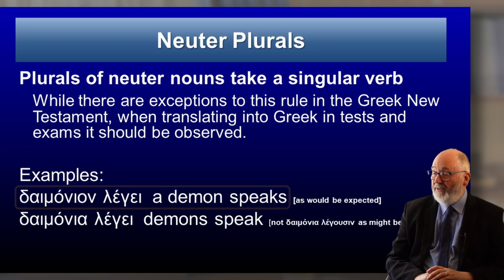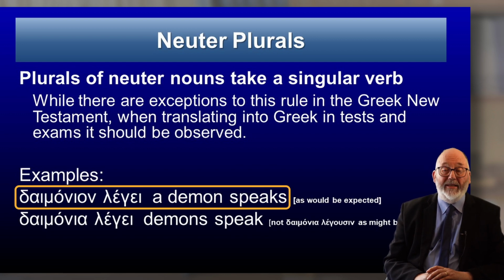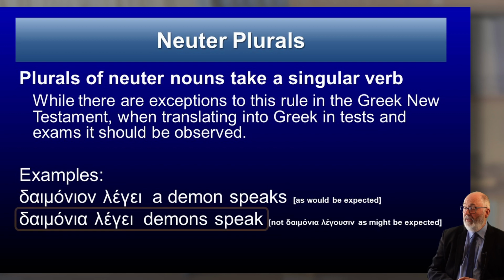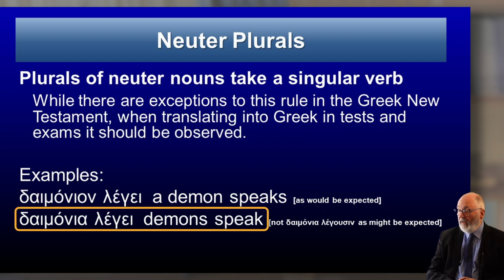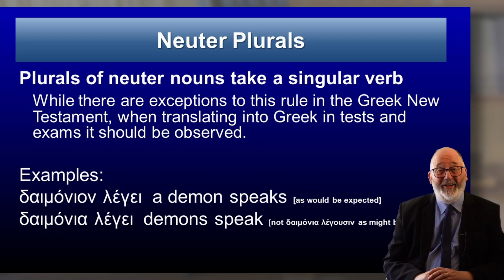So we have an example here. Daimonion legei. Our demon speaks. Daimonia legei. Demons speak. Demons being plural. And one would expect the verb to become plural because it has a plural subject, but not if it is a neuter. Wow, that's a bit of a gotcha, isn't it?